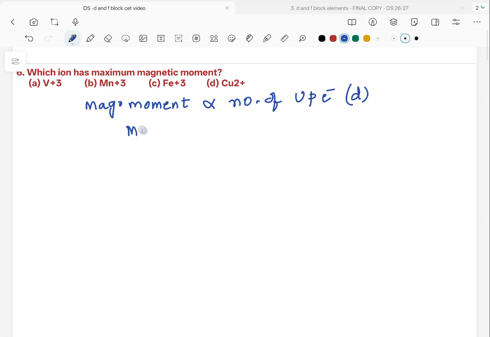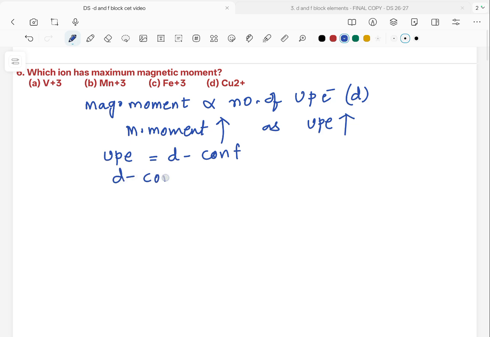Magnetic moment increases as unpaired electrons increase. Unpaired electrons can be found out by d configuration. The d configuration can be found out by taking valence electrons minus charge on the ion.